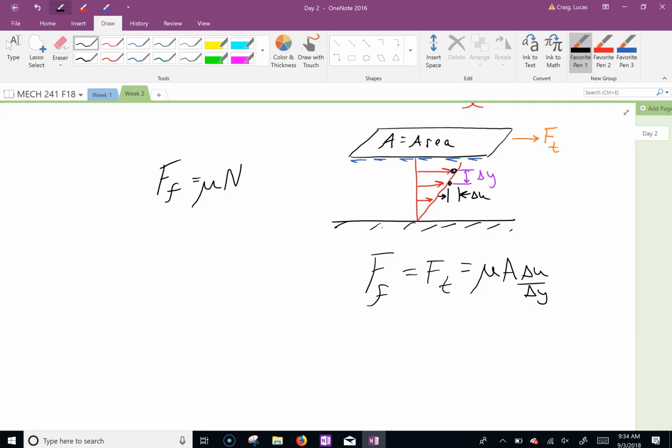So this friction force is a function of mu, which is your dynamic viscosity, your area, and what is that? du/dy. The slope. Okay. So this new friction force depends on how that velocity trend looks.